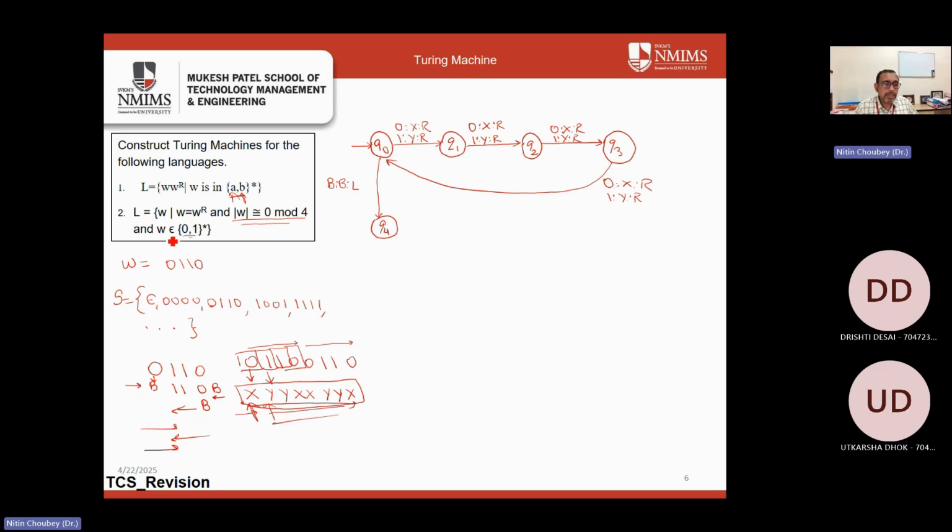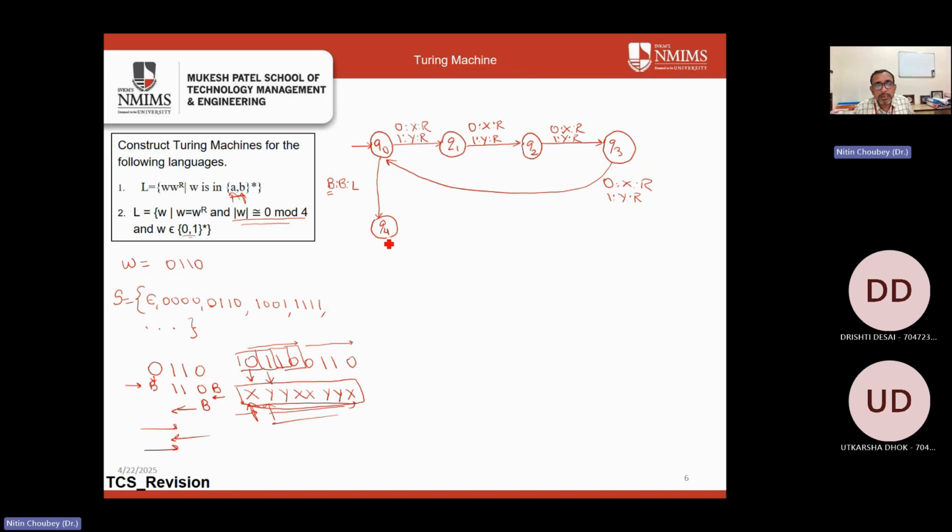Now, what does it say? W belongs to (0 or 1) star. It means your W may be equal to epsilon also. In that case, your tape will not have any symbol other than blank. So you may skip this and directly go from Q0 to Q4. Still, you will get blank in the case when W is equal to epsilon.